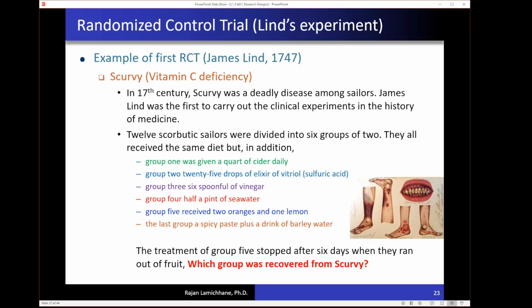James Lind was the first to carry out a clinical experiment in the history of medicine. In his experiment for scurvy, he selected 12 scorbutic sailors and divided them into 6 different groups, and for each group he gave a different diet.